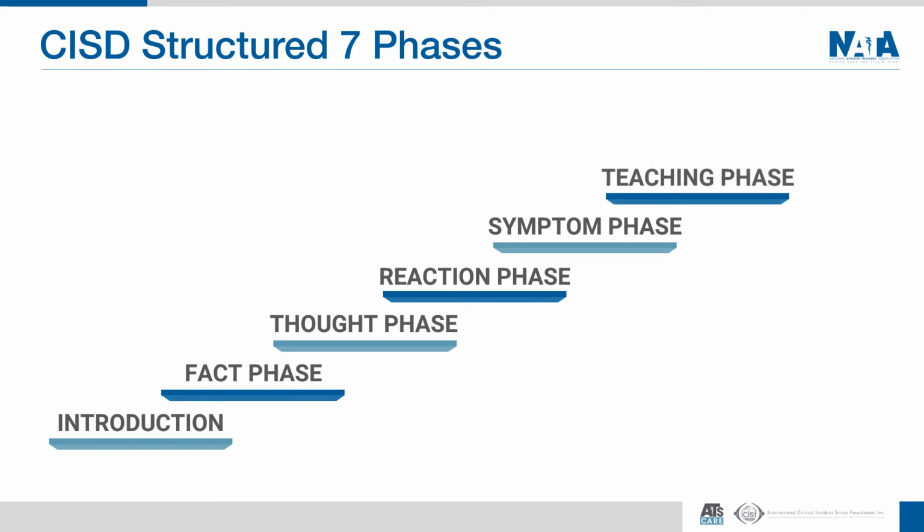The teaching phase then gives the participants in the group information about self-help and stress management techniques and models and things to do, and also about the potential resources that they may want to access, including mental health professionals or maybe a follow-up with the CISM team. And last, we have a reentry phase where we prepare the individuals after completion of the debriefing to kind of attempt to get back into their normal daily activities and normal work habits, etc.